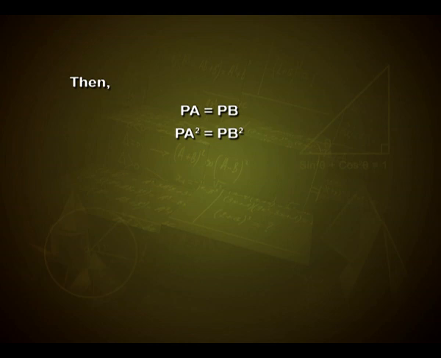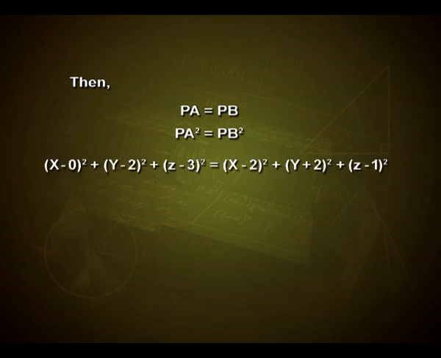By using the distance formula, we can obtain (x - 0)² + (y - 2)² + (z - 3)² = (x - 2)² + (y + 2)² + (z - 1)², which on solving can be reduced to 4x - 8y - 4z + 4 = 0.